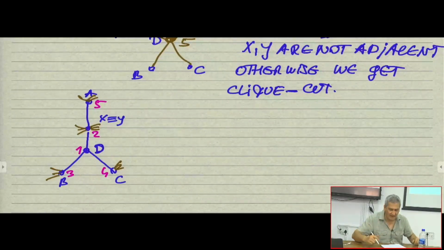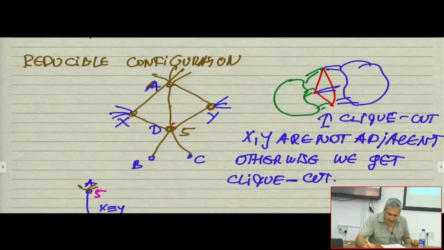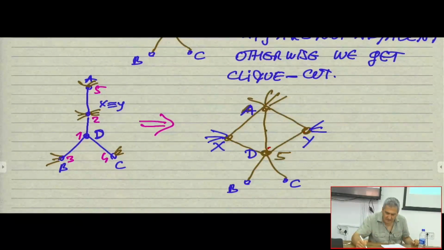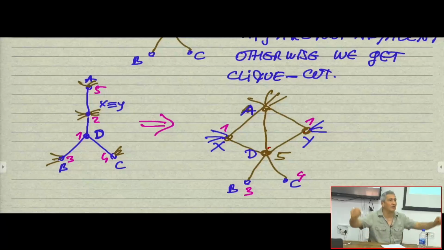And when we go back, okay, so what I deduce when I go back, I know this is 3, this is 4, this is 1, and this is 1. X and Y have color 1, but it's okay, they are not adjacent, yes?